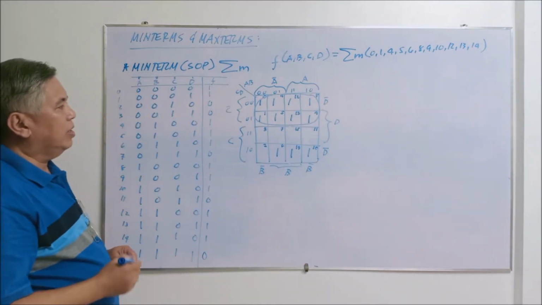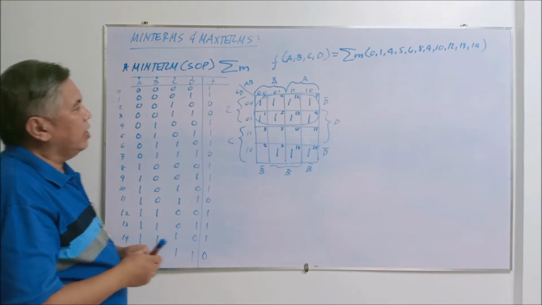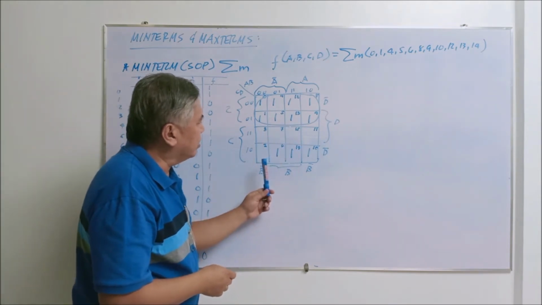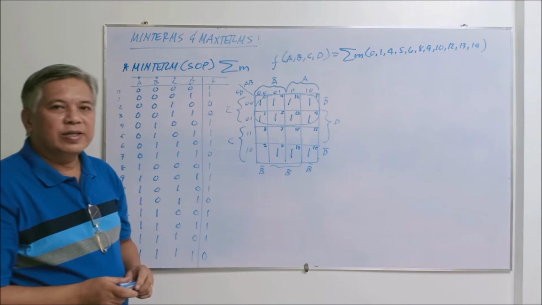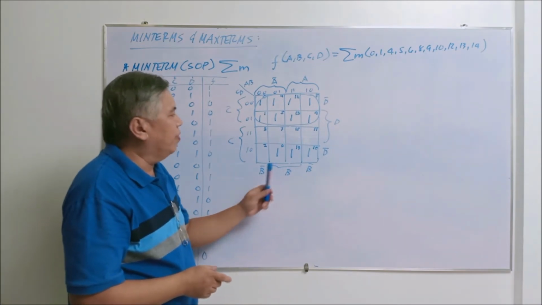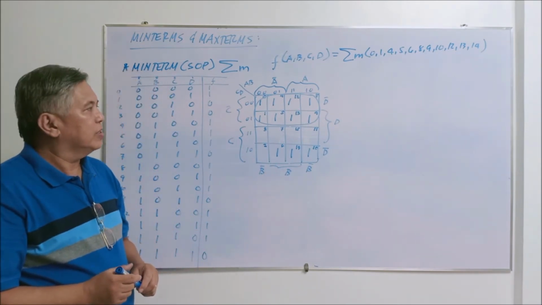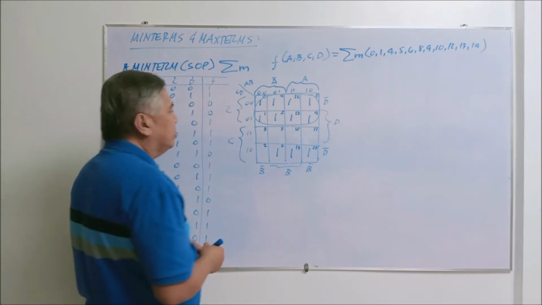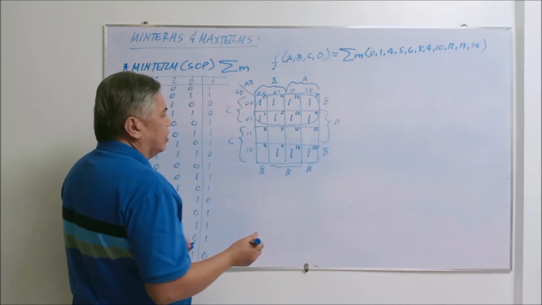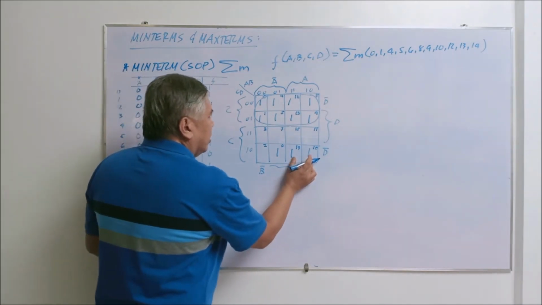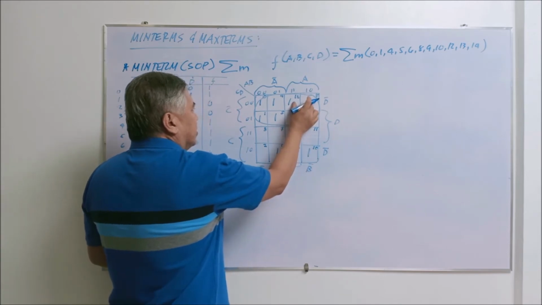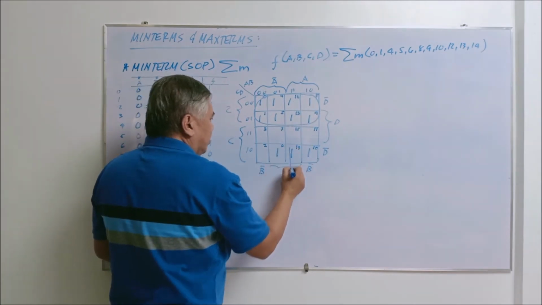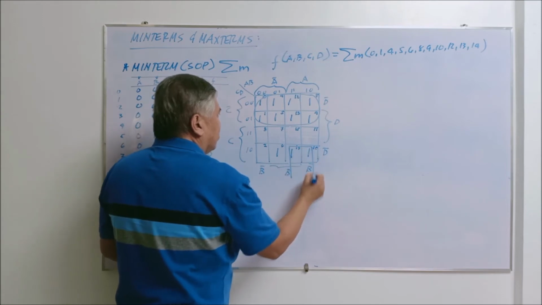And then find another 8 adjacent cells. In this case, there are none. Then we go to 4 adjacent cells. Where are the 4 adjacent cells? This one here and this one here are adjacent. So, this will be your grouping.